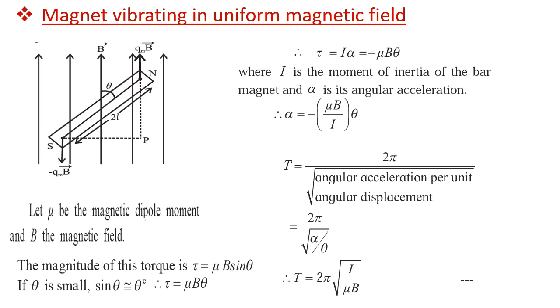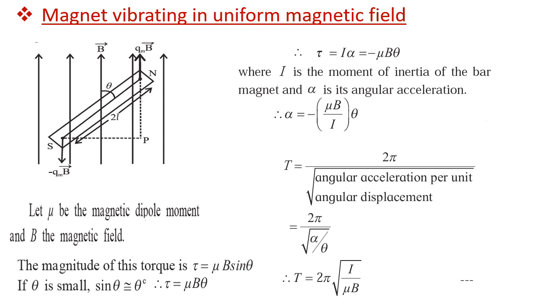So if we equate the equations for torque, I alpha is equal to minus mu into B into theta, where I is the moment of inertia and alpha is the angular acceleration. If we rearrange the terms, alpha is equal to minus mu B upon I into theta.